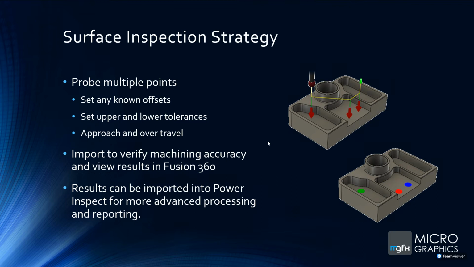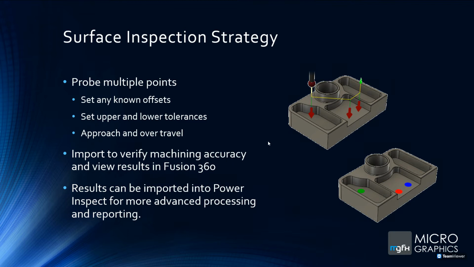But the surface inspection strategy allows you to probe multiple points on a model. So the image on the right here shows a very simple 3 positions that are being probed on the model. And essentially that's checking the height of each, or the depth of each of those pockets.